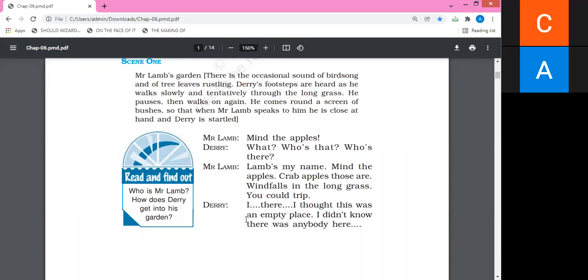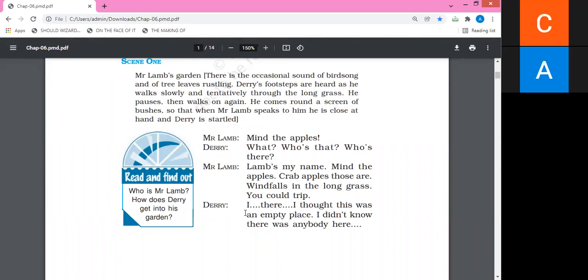He was shocked. Already I have told you people that he could never ever like to meet anybody. When he heard the instruction of Mr. Lamb, he was deeply shocked to observe that some human being was there in that garden.